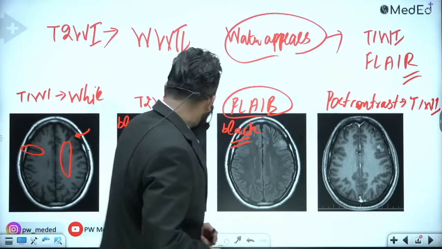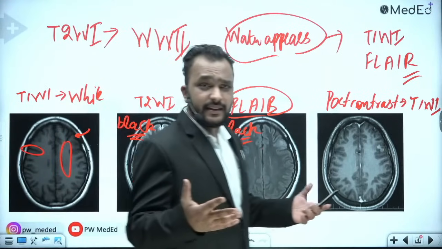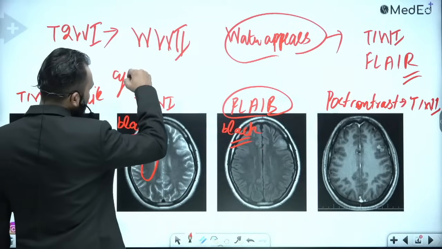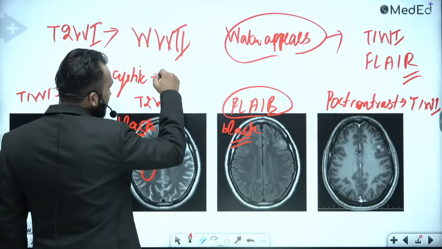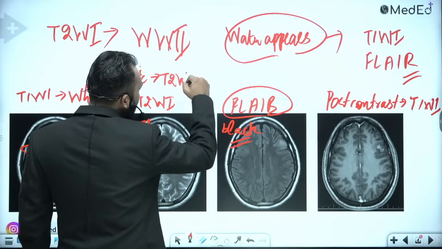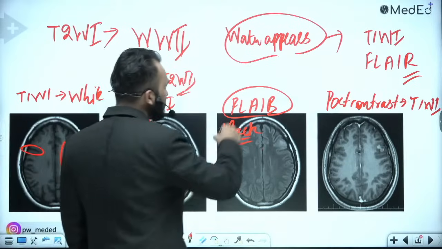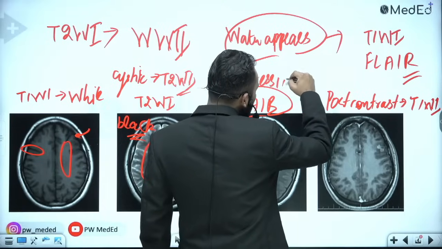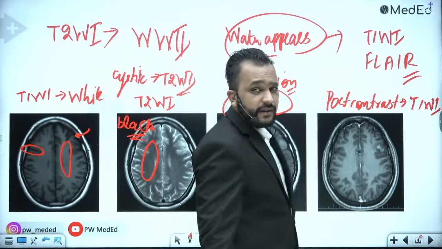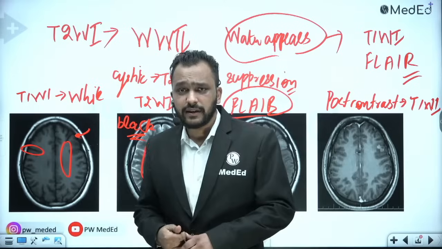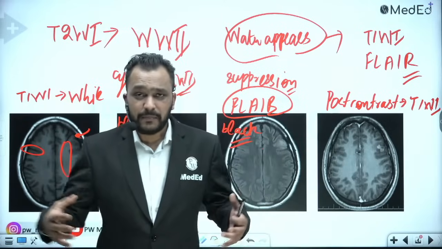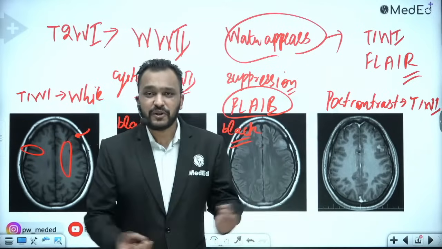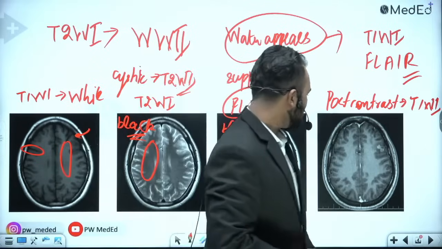So just remember that any cystic lesion will appear hyperintense on T2 weighted image, and on the corresponding FLAIR image it will show suppression. Right? And on the post contrast images, any tumor that is supplied by a lot of vessels, because contrast will run into that tumor, will enhance on post contrast image.